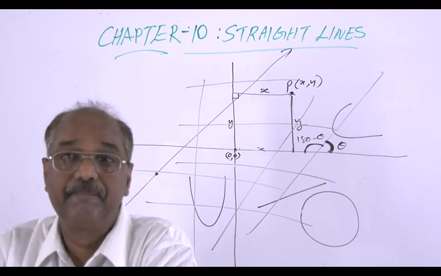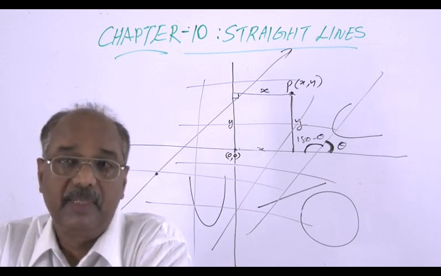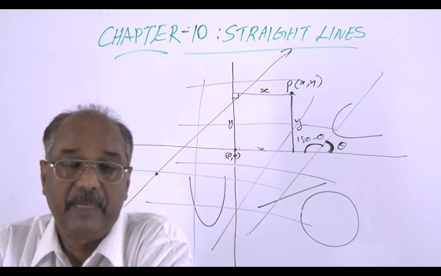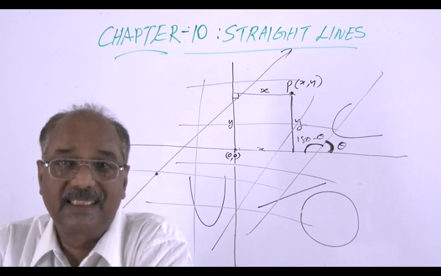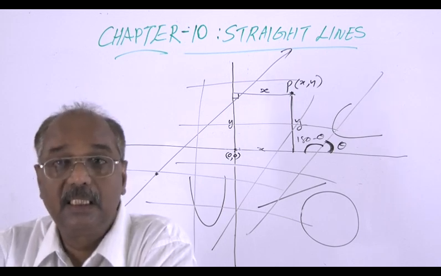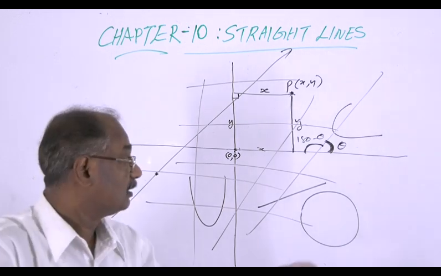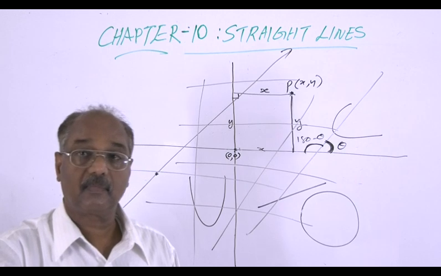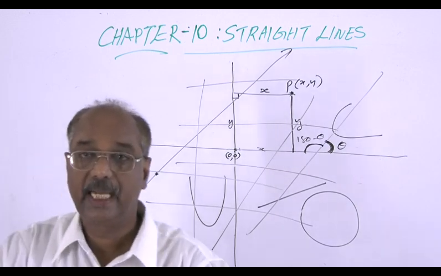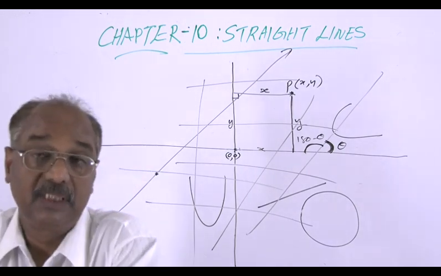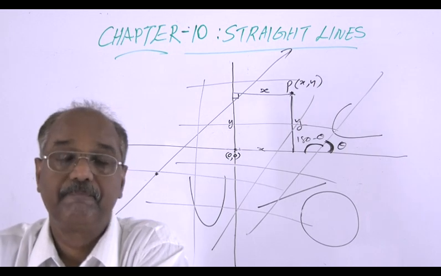So two angles. Usually the angle made by a line with the x-axis means the angle made with the positive direction of the x-axis. This angle.